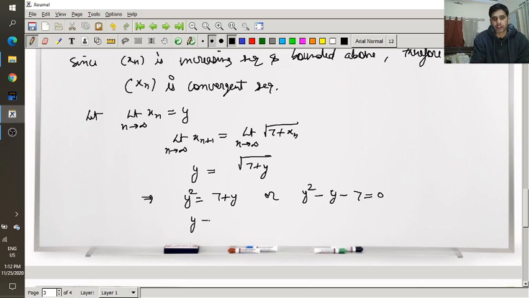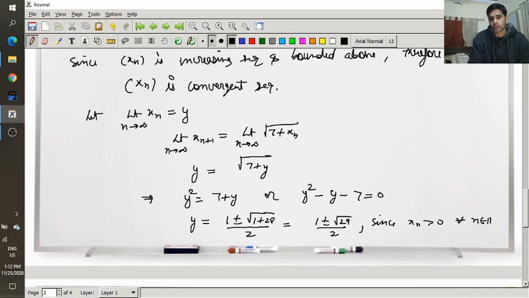So from here I can find the value of y, because this is a quadratic equation. Using the formula for the solution of a quadratic equation, I will get 1 plus minus the square root of 1 plus 28, divided by 2. So this equals 1 plus minus root 29 divided by 2. Since xn is greater than 0 for all n, the sequence will converge to some positive number y only.